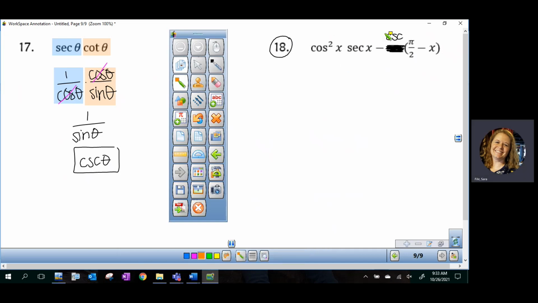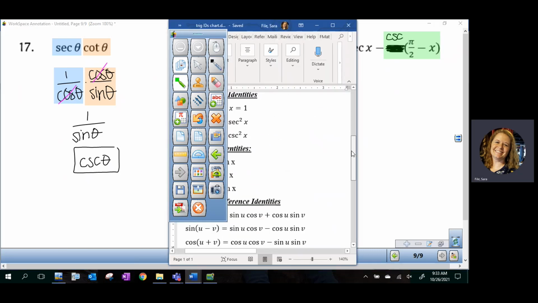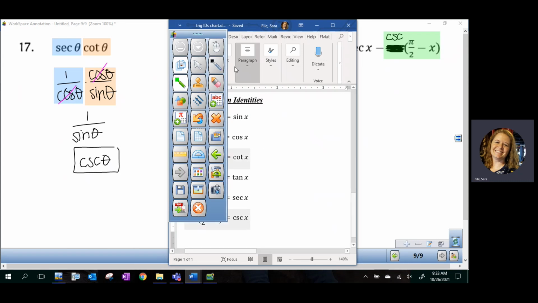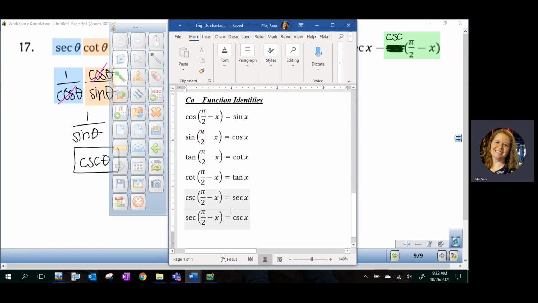Okay, so this, in a different color, I used orange on this page, is what type of identity? That's a cofunction. If you look at your list of identities, remember cofunction, those are the ones where you're using the complementary angle. Pi halves minus x is complementary to x.